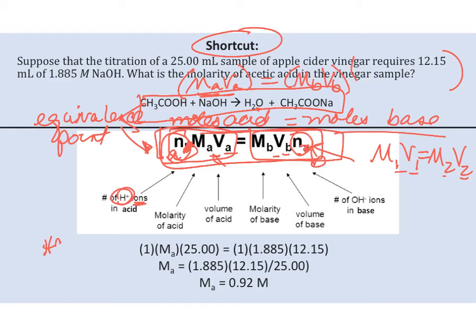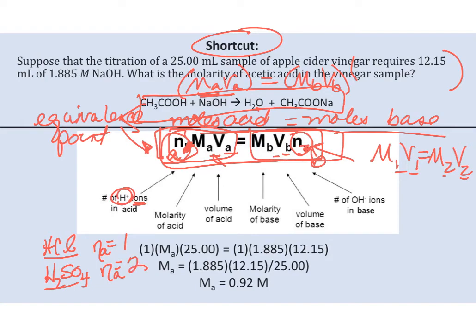So if I had HCl, one molecule of HCl has one hydrogen ion. All right, so Na for that would be 1. If I had H2SO4, the number of hydrogen atoms per one molecule of H2SO4 is 2.